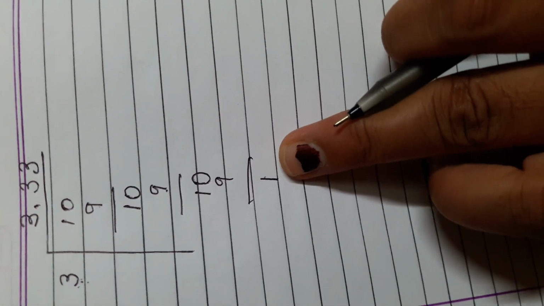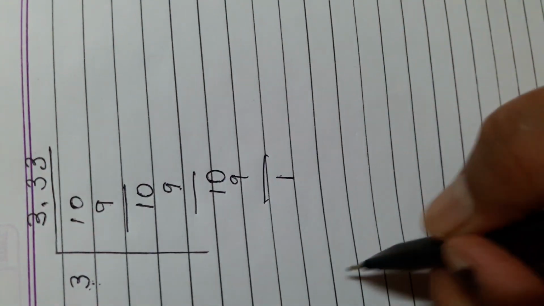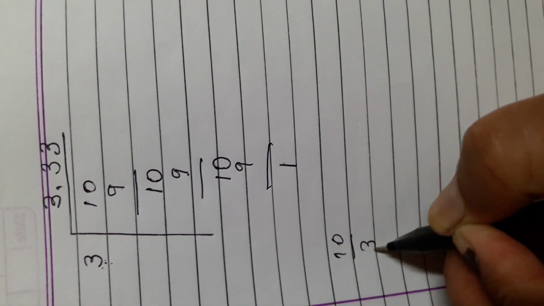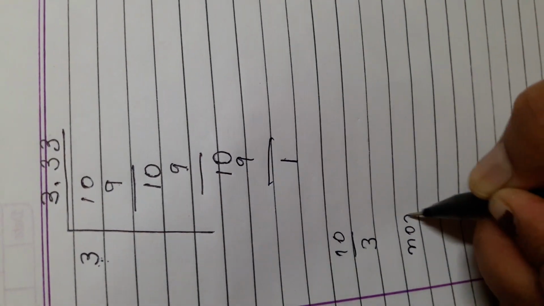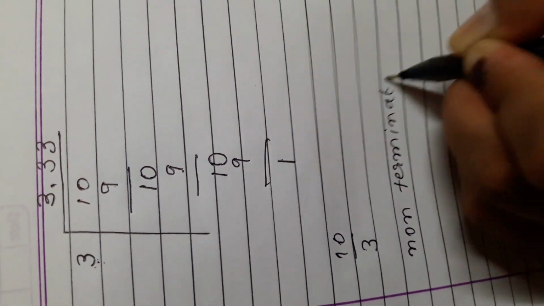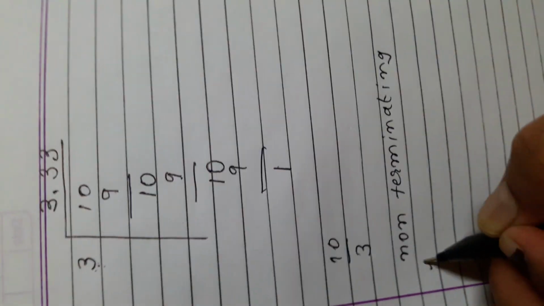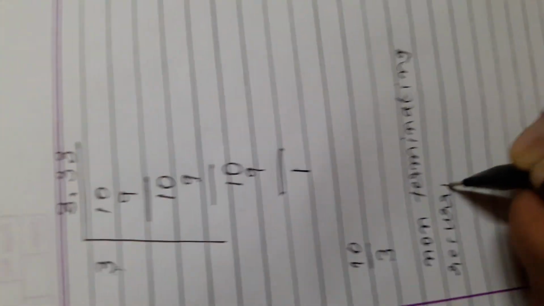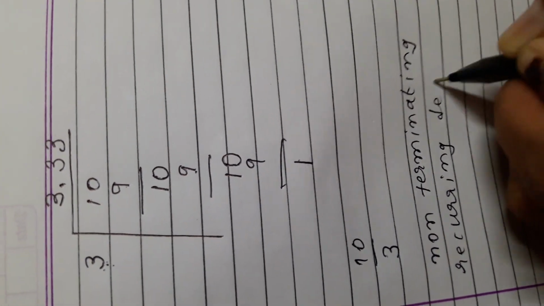So when the remainder is not equal to 0, then the rational number has non-terminating recurring decimal expansion.